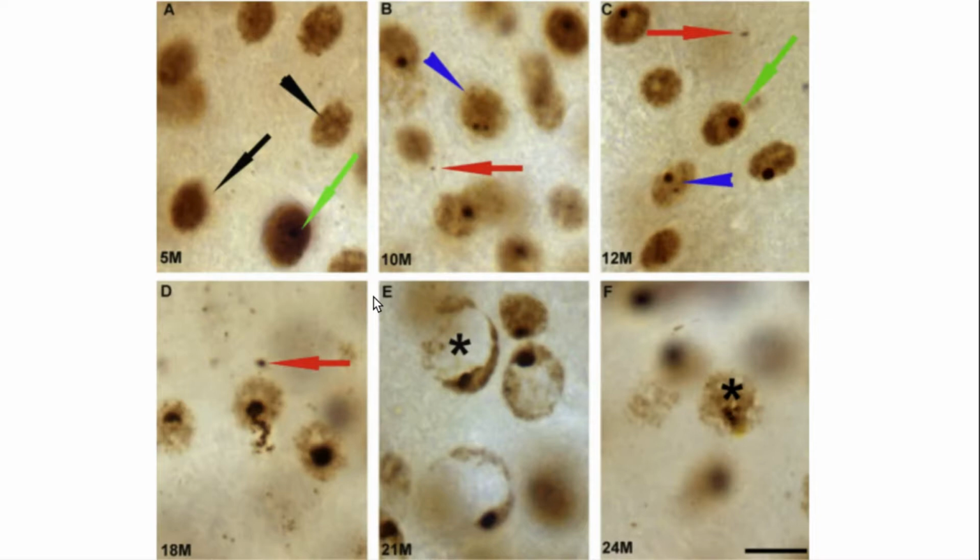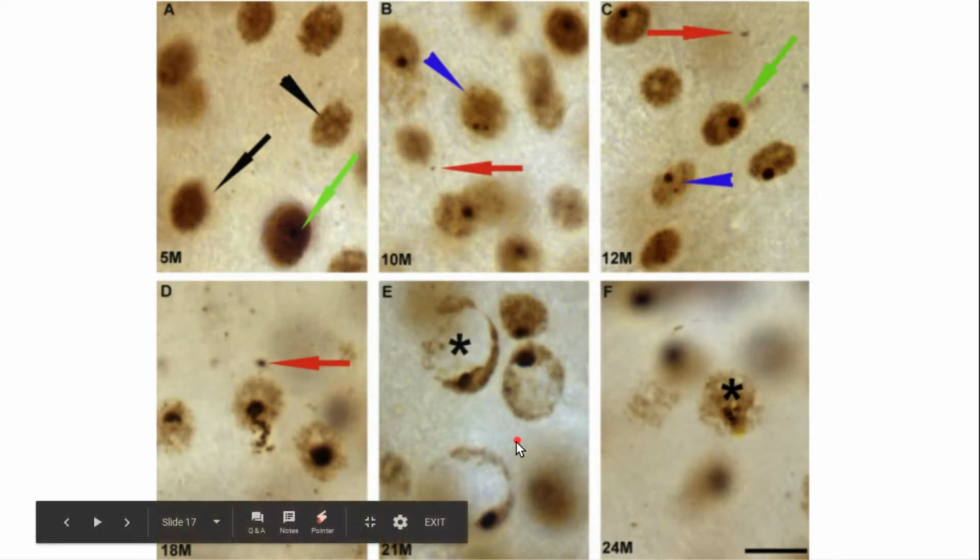But since mice don't live very long, the CAG repeat needs to be dramatically expanded in order to actually produce toxicity within their short lifetime. Nevertheless, it's a good mouse model, and these images represent the typical progression of Huntingtin aggregation.